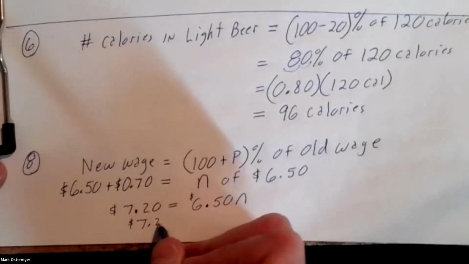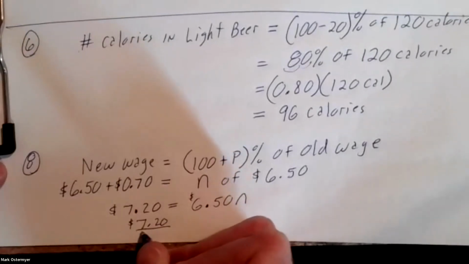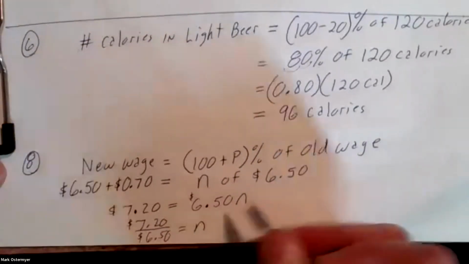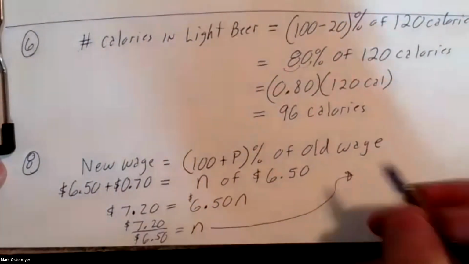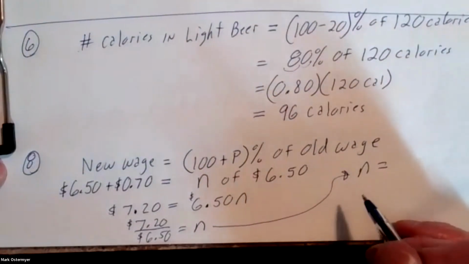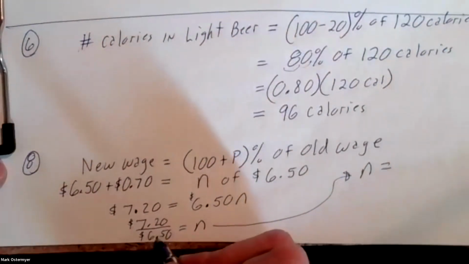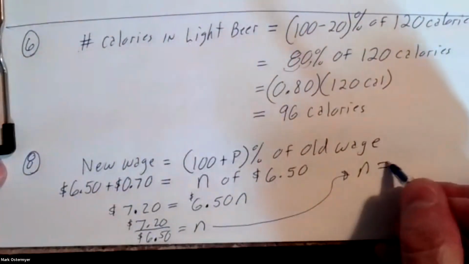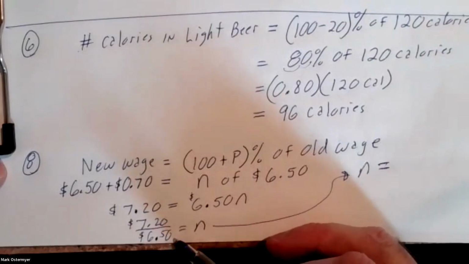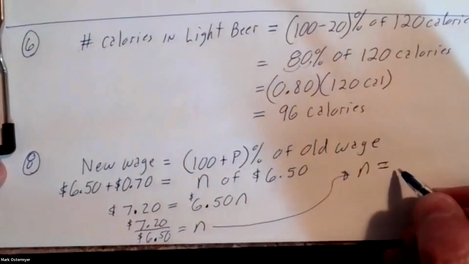So get on your calculator and take $7.20 and divide it by $6.50, and you tell me what that percent N has to be. N has to be equal to what? It's going to have to be a decimal greater than 1 because the numerator is larger than the denominator. So what does it give you? 7.2 divided by 6.5.